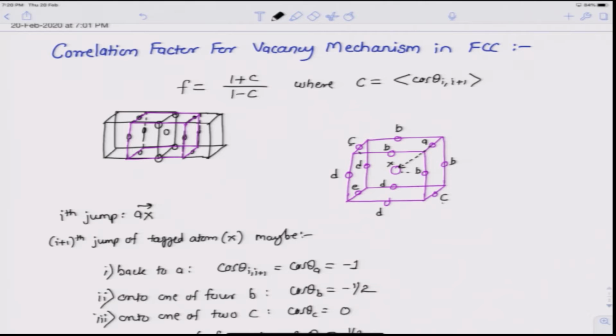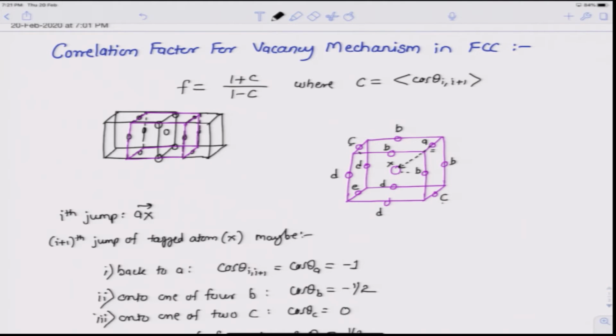In our case, the vacancy is now at position A. This vacancy itself can make n number of jumps and come back to any of the nearest neighbor of X before the X has already exchanged second time. And then if the same vacancy exchanges with this X, it is a correlated jump, because the X is exchanging successively with the same vacancy.